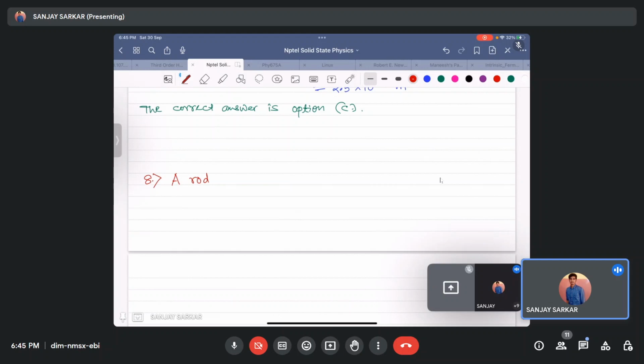A rod of P type germanium 10 millimeter long and 1 millimeter diameter has a resistance of 100 ohm.